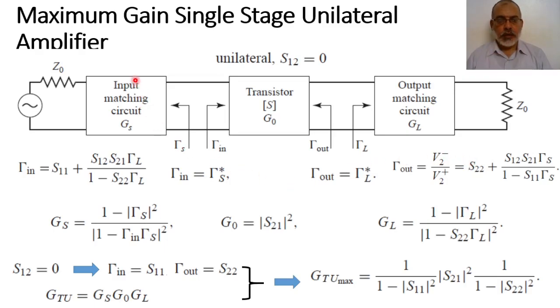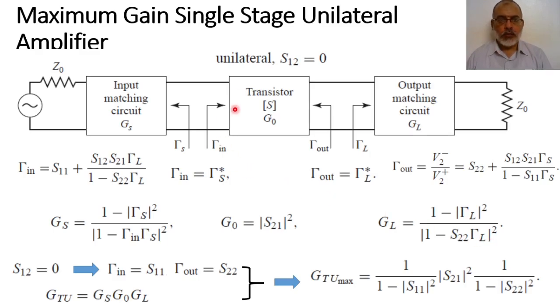We say that the gain of the input matching network is obtained in terms of the reflection coefficient at the input of the source, which is 1 minus gamma source squared over 1 minus gamma input multiplied by gamma source squared. And the gain of the matching circuit of the load is 1 minus gamma load squared over 1 minus S22 gamma load squared.